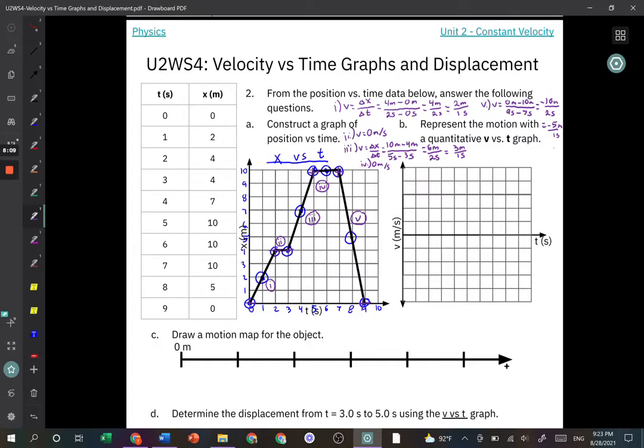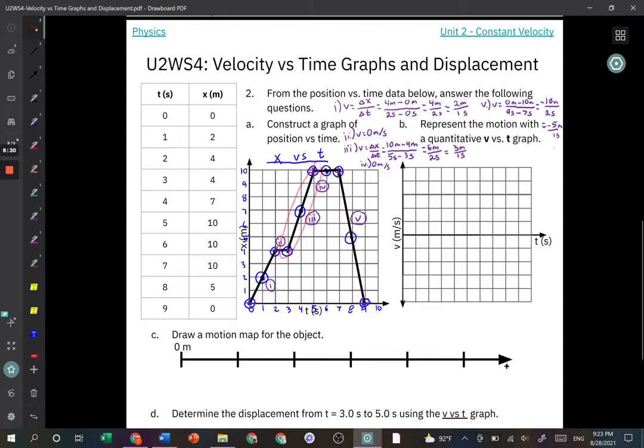So these are going to be the points that I'm going to have to plot. Region 1, which is representing our position versus time graph there, has a slope of 2 meters for every 1 second. Region 2 of the graph, right over here, has a velocity or a slope of 0 meters per second.